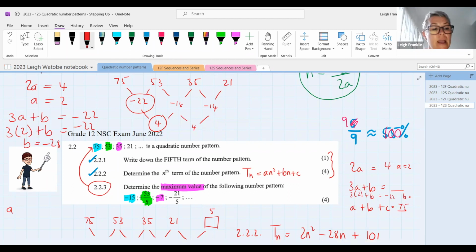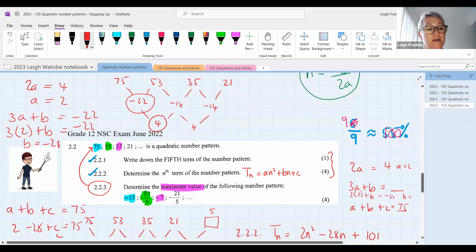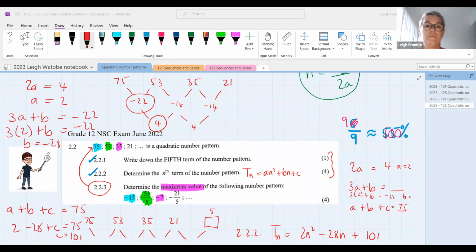And then we use a plus b plus c, which is equal to the first term of the pattern, in this case 75. So that's 2 minus 28 plus c equals 75, so c would be equal to 101. Okay, Shailene? Yes, ma'am, I understand. Thank you.